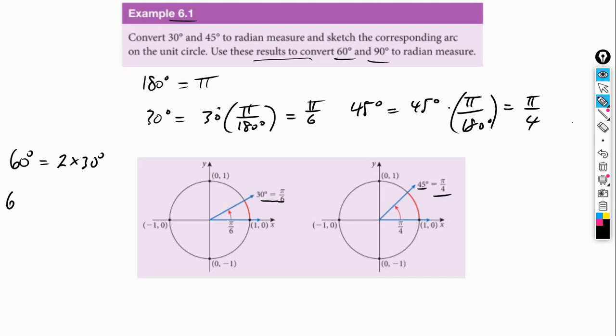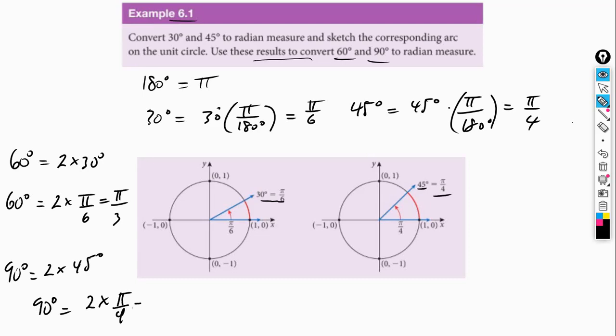So that means that 60 degrees is the same as 2 times pi over 6, which is going to be pi thirds. And then 90 degrees is equal to 2 times 45 degrees, which means that 90 degrees is equal to 2 times pi fourths, which is going to be pi half radians.